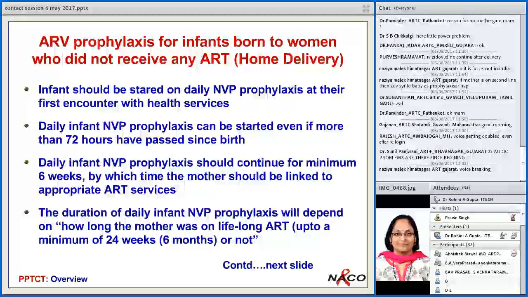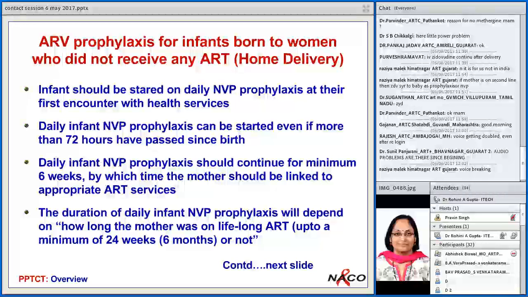Daily infant nevirapine prophylaxis should continue for minimum 6 weeks, by which time the mother should be linked to appropriate ART services. The duration of daily infant nevirapine prophylaxis will depend on how long the mother was on lifelong ART and whether she is breastfeeding or not.